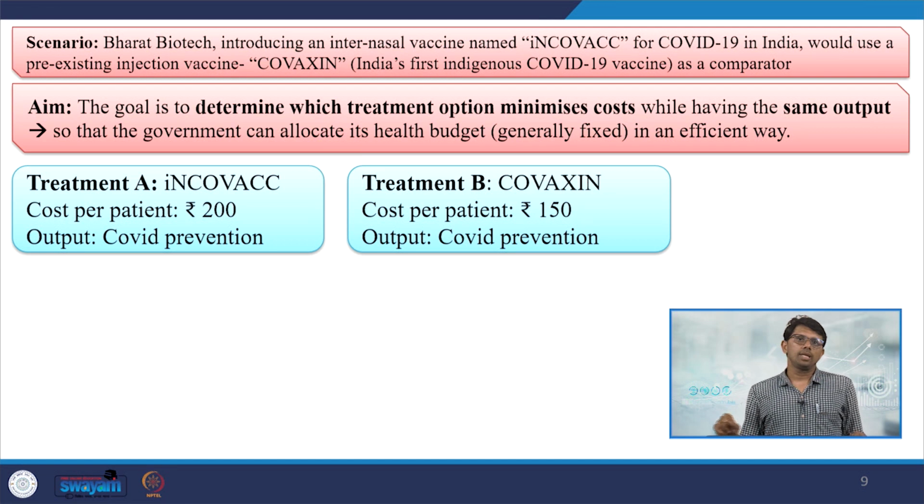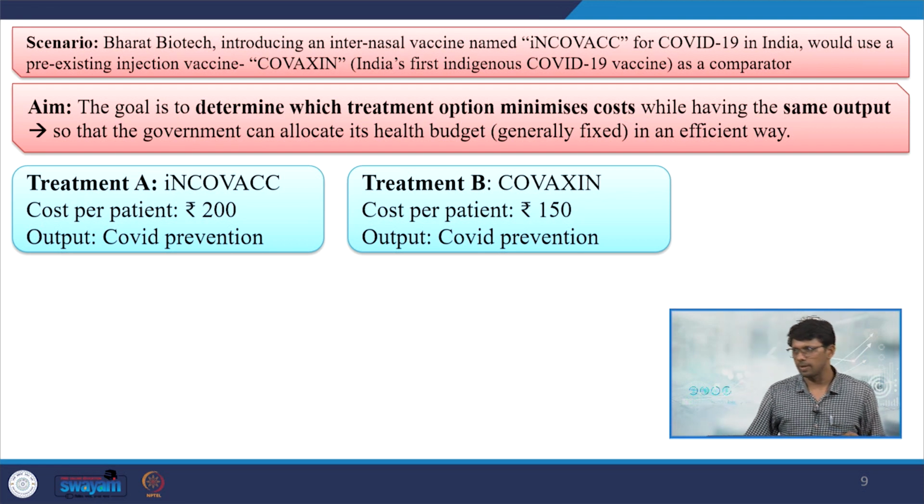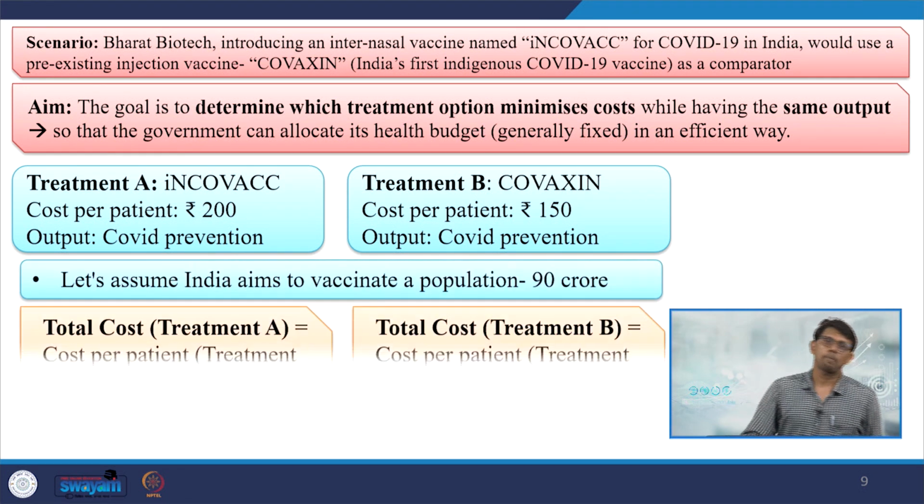We are comparing Incovac and Covaxin once again. The cost per patient in the case of Incovac was 200 rupees, with the output being COVID prevention, and the other treatment, Covaxin, India's indigenous vaccine, had a cost per patient of 150, which was lesser. The output was the same.